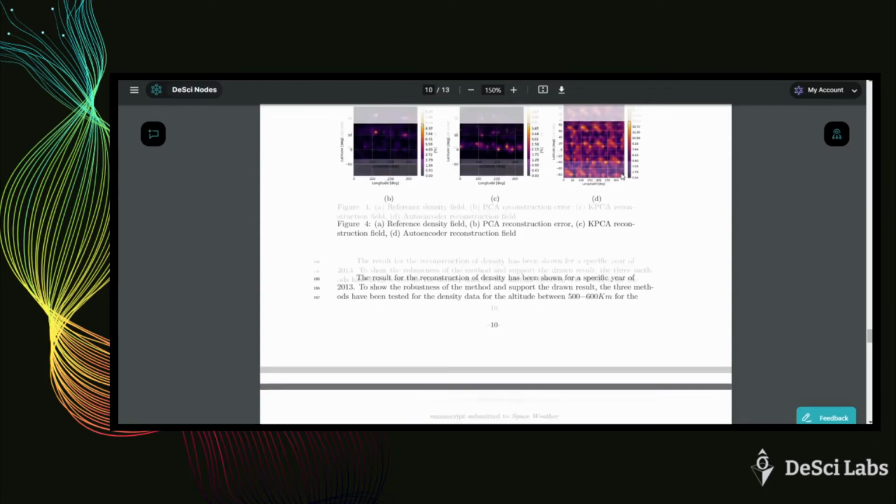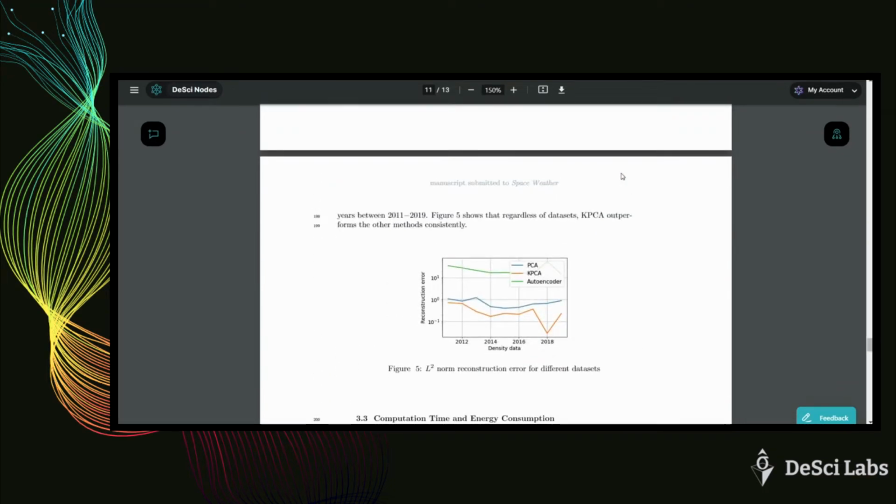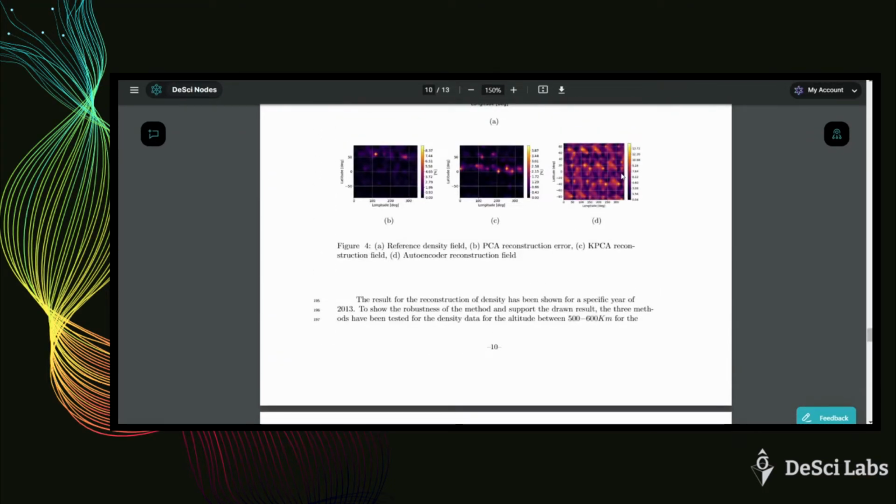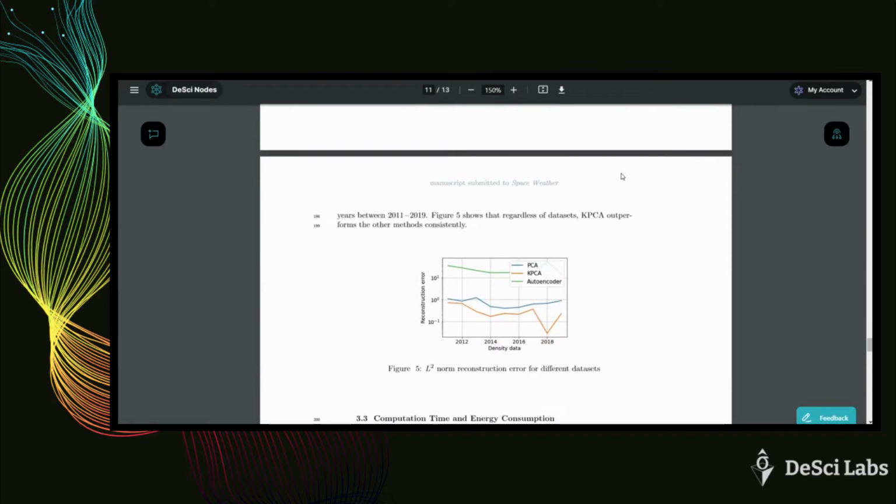And then the last thing that we did is that we analyzed the data for 2013, but we are not sure that if we have different data sets, we may achieve different results. So to resolve the issue of the stochasticity of the system, because each time we can have different data, we analyzed the different methods based on different data sets from 2011 to 2019. And here again, you can see that the comparison between different methods is compatible.